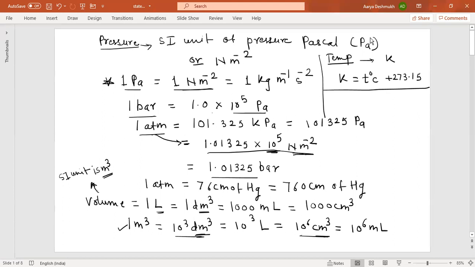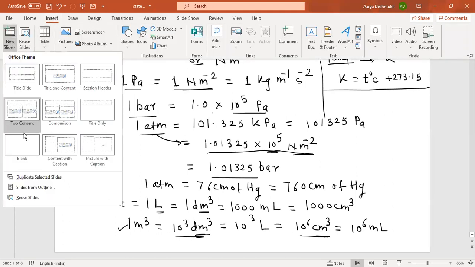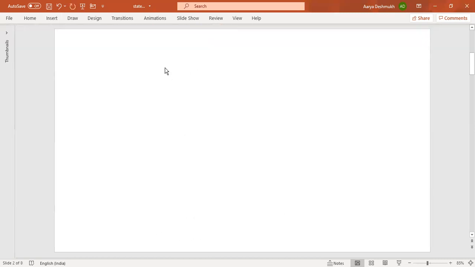Now one more thing is left, that is number of moles. In some problems you might need number of moles also. This thing I explained already earlier, in the basic concepts of chemistry.